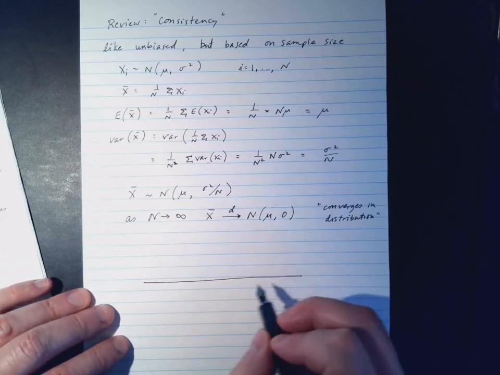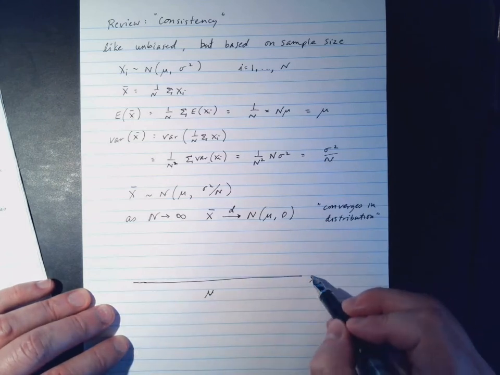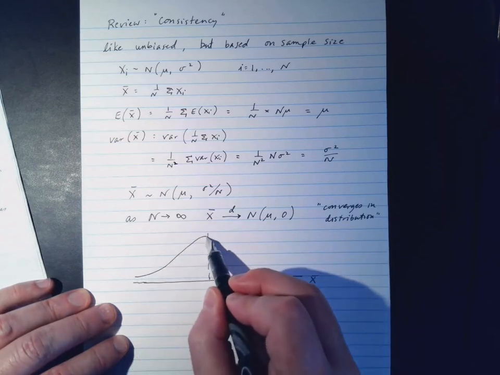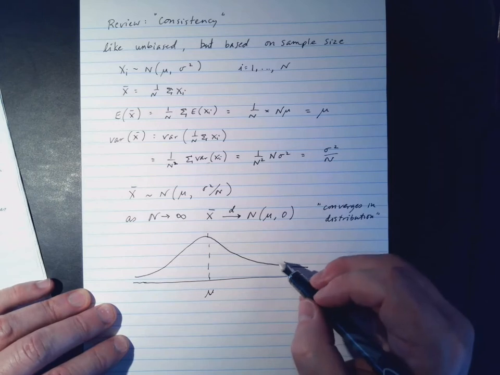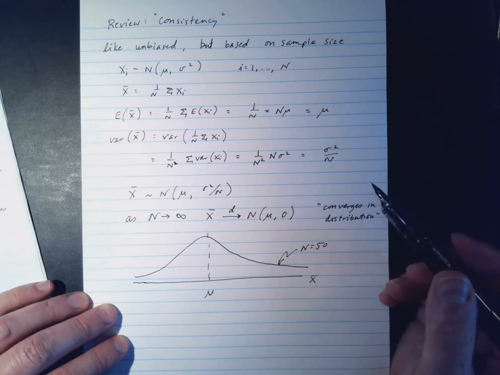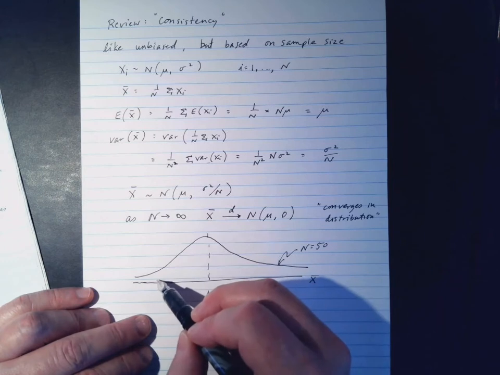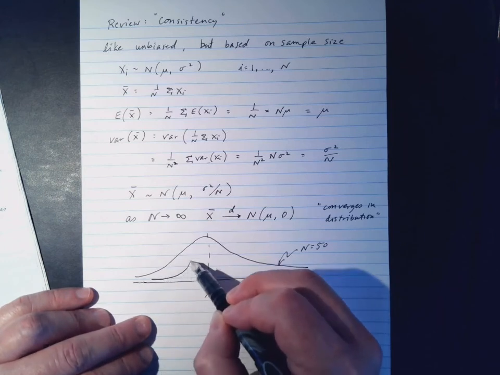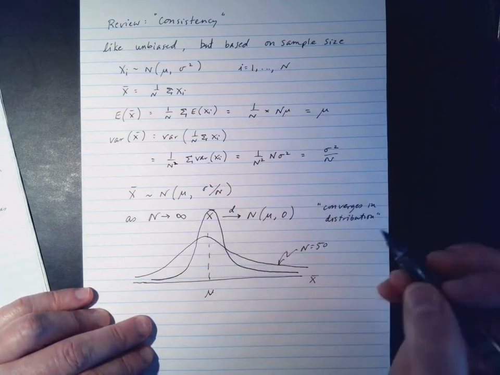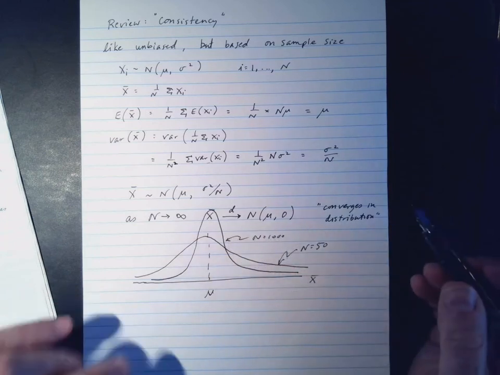So the distribution of x bar initially is like this, with, let's say, n equals 50 observations. And then we go up to 1,000 observations, and the variance is getting smaller. I'm going to end up making a mess of things here.